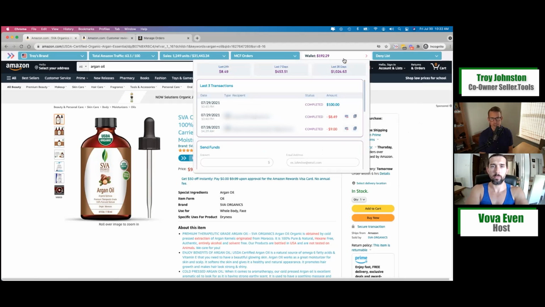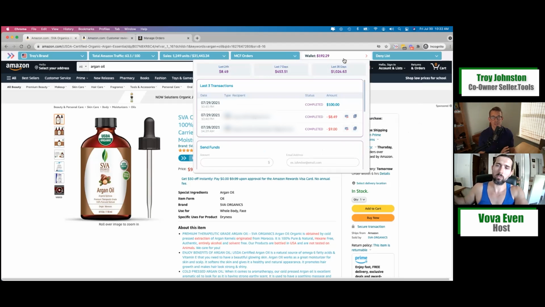Then we have our wallet. This is really slick because with a lot of our ranking automations, we allow you to add funds to your Seller.Tools wallet, as well as send those funds, PayPal, Amazon gift card, Visa gift card, Venmo, you name it. There's a number of different ways that you can send that value to your customer.